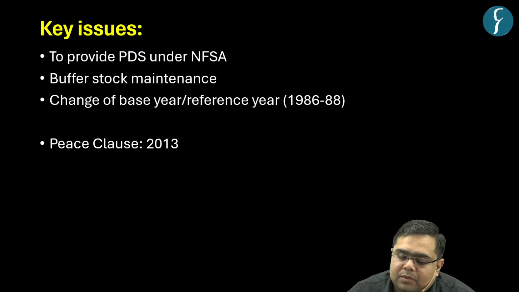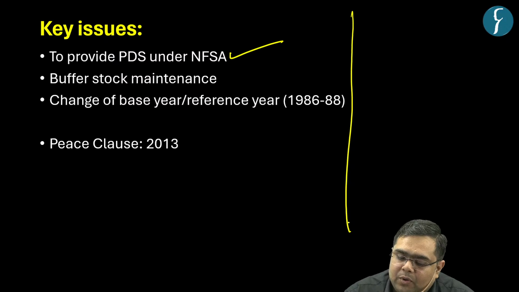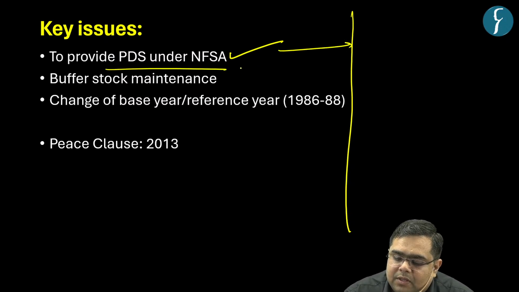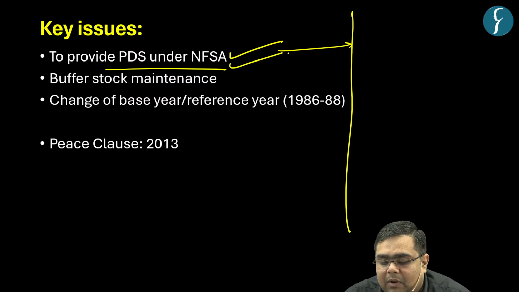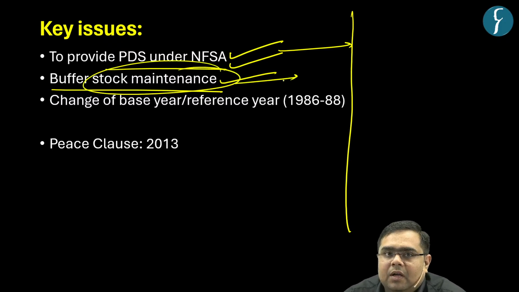The key issues and concerns with respect to our WTO tussle are, first, they are concerned and skeptical about the provisions of PDS under NFSA. Then, second, there are issues with respect to buffer stock maintenance, and this buffer stock is one of the key issues from the standpoint of WTO, because India has in the past exported rice and wheat from this buffer stock.